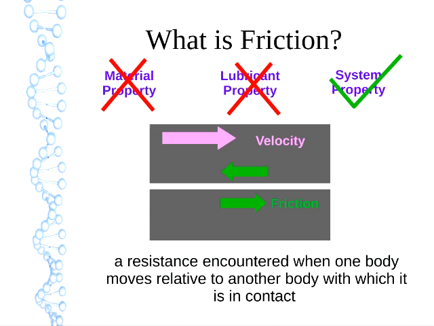People often ask, what is the coefficient of friction of X? X can be some material, some coating, some lubricant. So we have to say friction, it's not a material property, the coefficient of friction. It's not a lubricant property, but it is a system property.